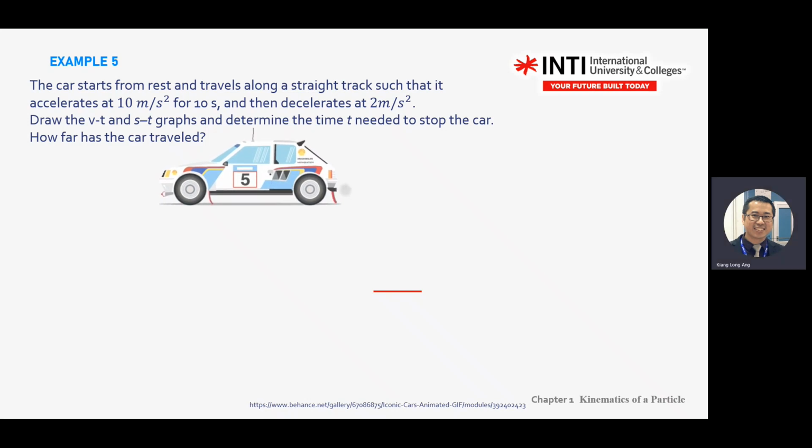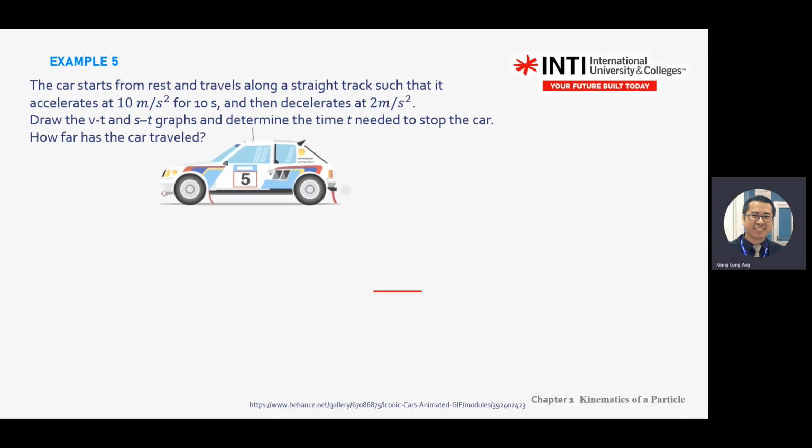What happened between 0 and 10 seconds? What happened to the acceleration? What does it mean? Is it constant or increasing? This statement, accelerate at 10 meter per second square for 10 seconds. Constant.